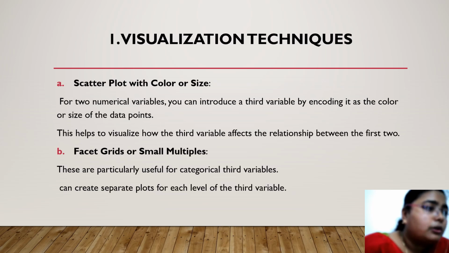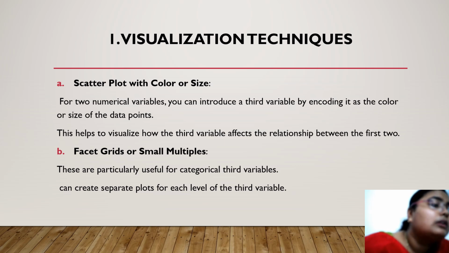Scatter plot is like, suppose there is an xy axis there, and another variable z is introduced into the plane. Now, to denote that particular z variable, we can use different colors or different size of data points, or maybe symbols also.